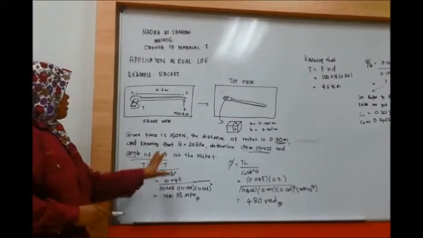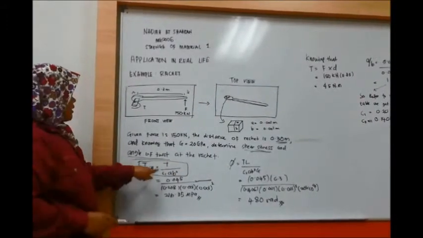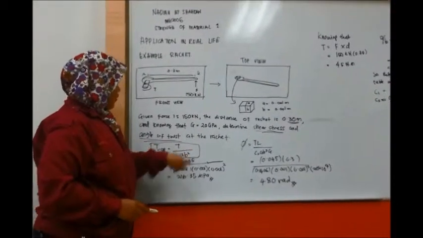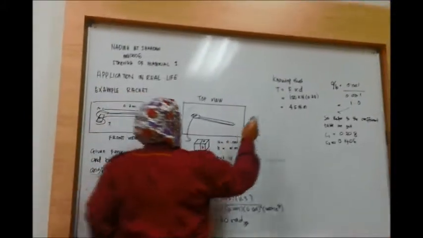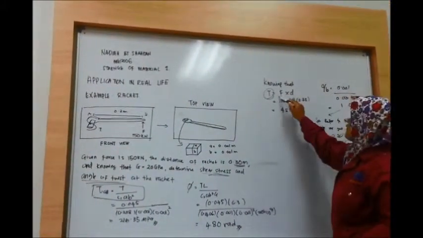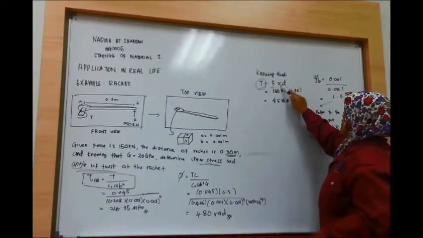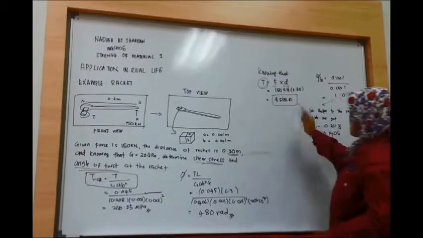As we know, the formula of shearing stress is tau allowable equal to torque over c1 a b squared, knowing that torque equals force times distance. With the given force and distance, we get 45 kilonewton meter.